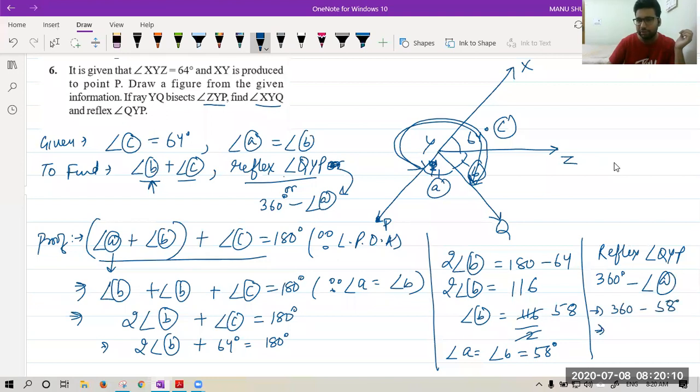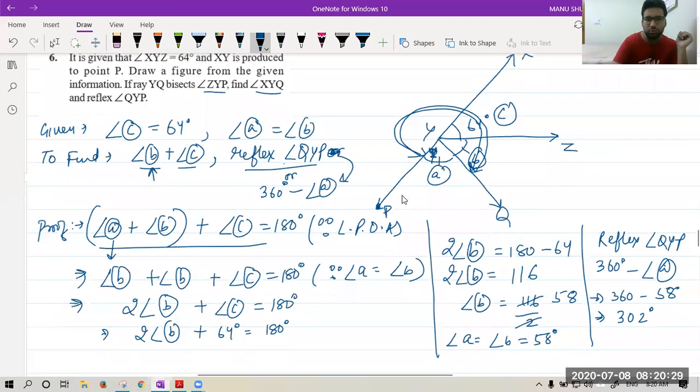Please tell me the right answer. Answer is 302. Tavisha, Utkarsh, Ayush, Jasnoor, all are saying it's correct. I hope it is clear to all of you. Very easy question it is.